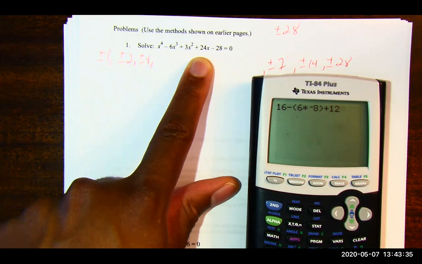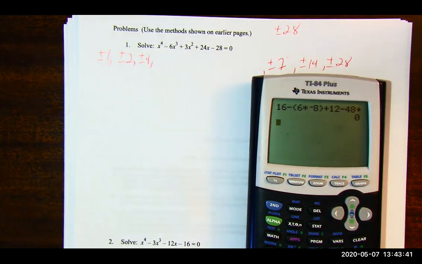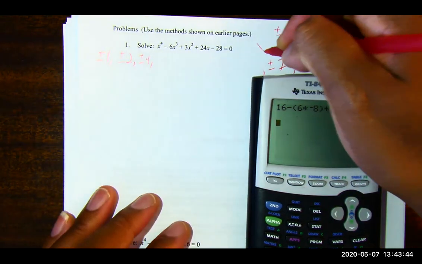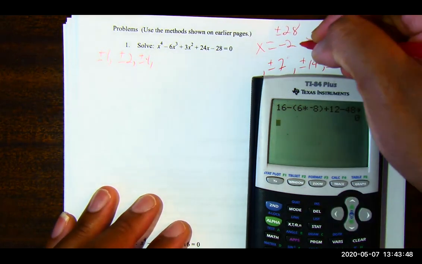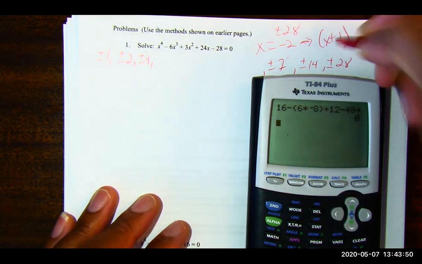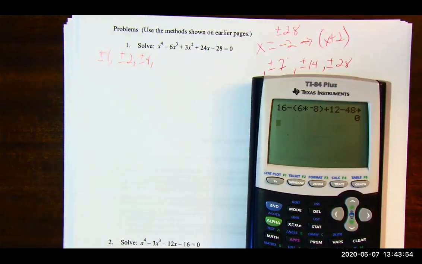Minus 48 minus 28. Oh, and look at that. We have 0. So we found one solution. x equals negative 2. The factored form is x plus 2. So we're going to divide this quartic by x plus 2.